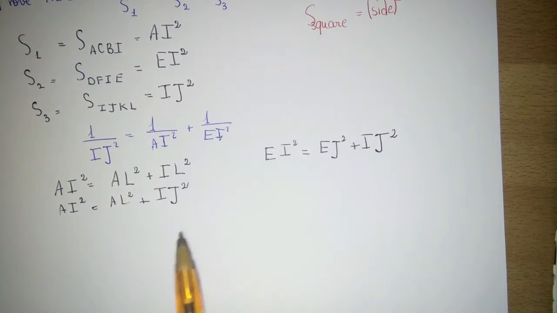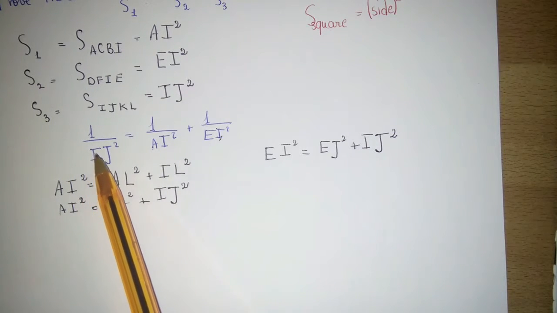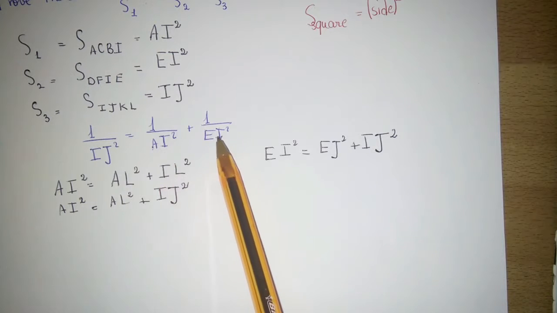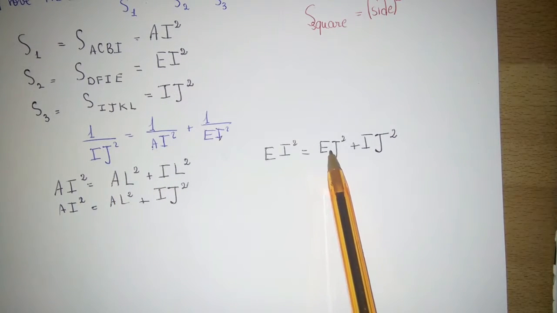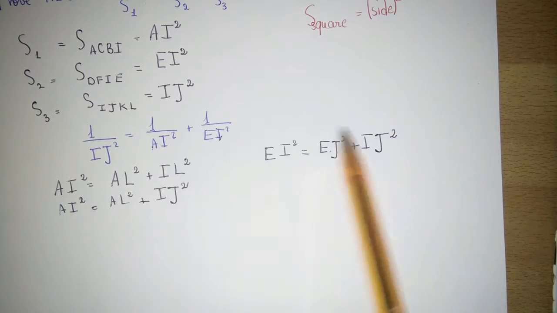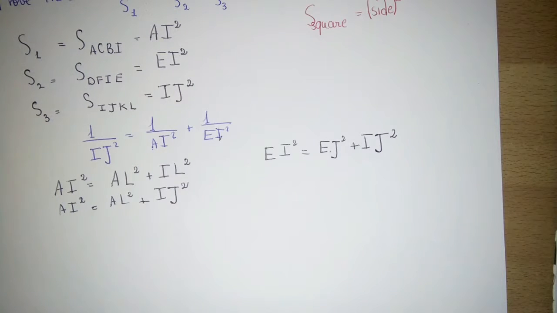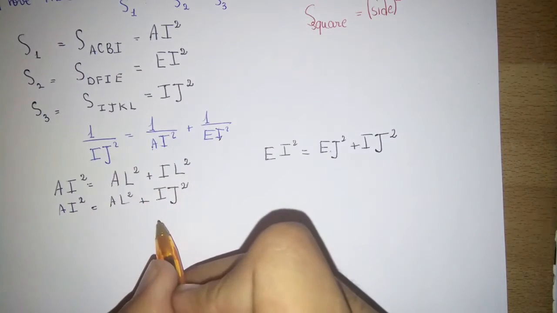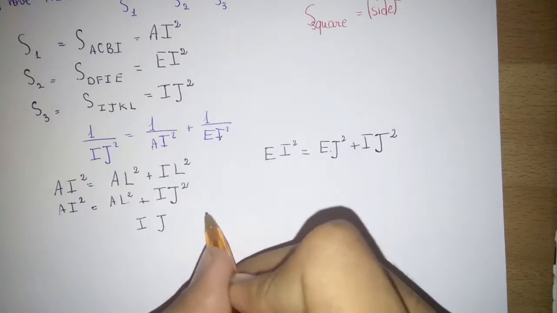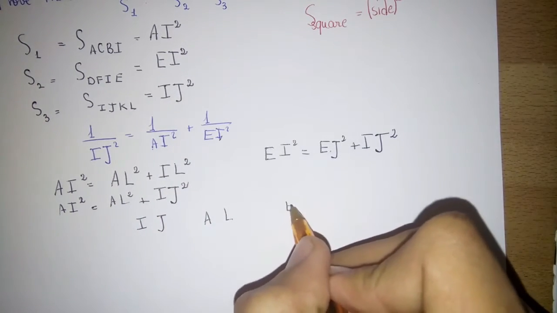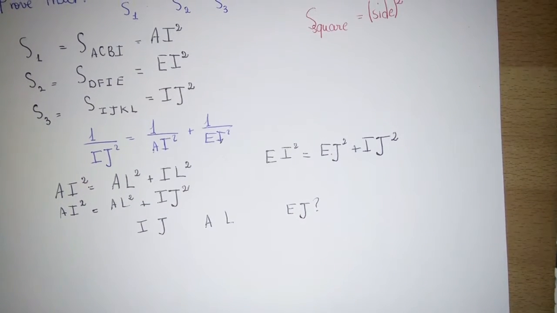So now we have turned the problem from finding a formula that links IJ, AI, and EI to IJ, AL, and EJ, since we have an IJ here and here. And so what we really need is a formula that links these three side lengths, IJ, AL, and EJ. So what could this formula be?